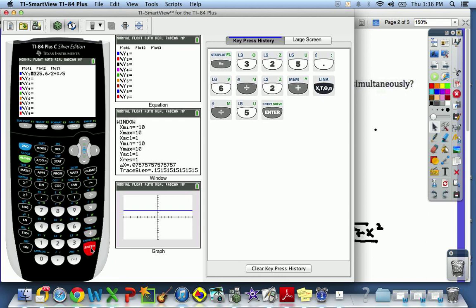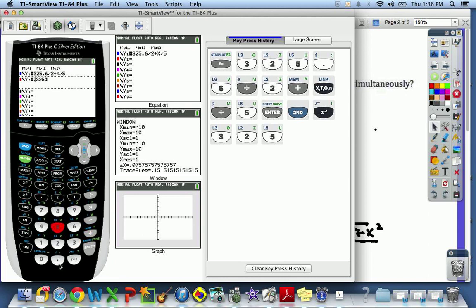In Y2, we'll put the right side of the equation, which was just time 3. If the left side of the equation is in Y1 and the right side is in Y2, all we'll have to do is find their intersecting values.